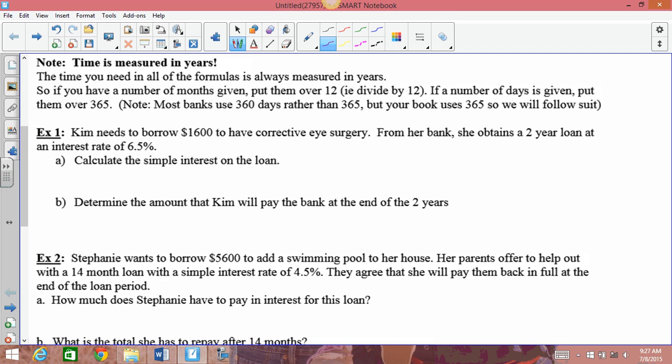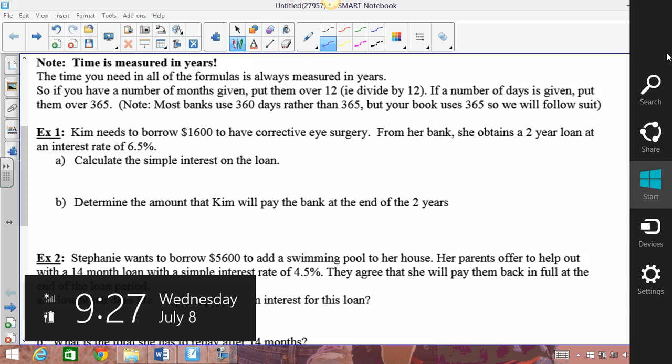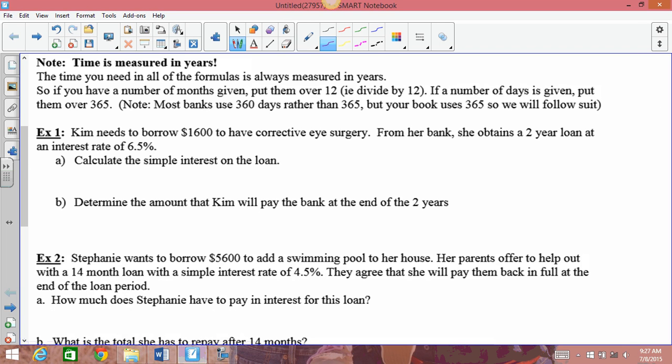So part A says calculate the simple interest. So simple interest, your formula, I equals PRT. In place of my P, how much I'm borrowing, 1,600. Interest rate 6.5%, so change that to a decimal, 0.065, times my time in years, so multiply it times 2.